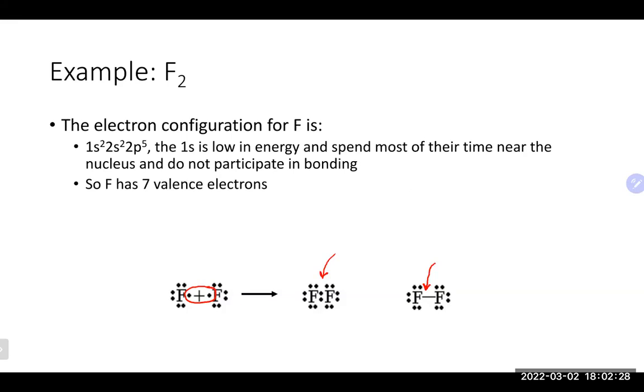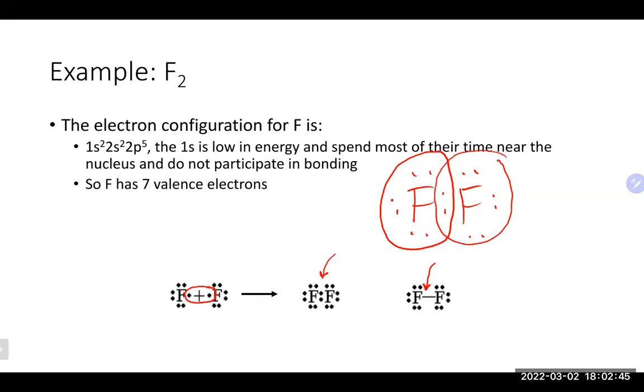If we look at the fluorine on the left, taking those 2 in the center, it ends up with 8 electrons. The fluorine on the right, also sharing those electrons in the center, will end up with 8 electrons.